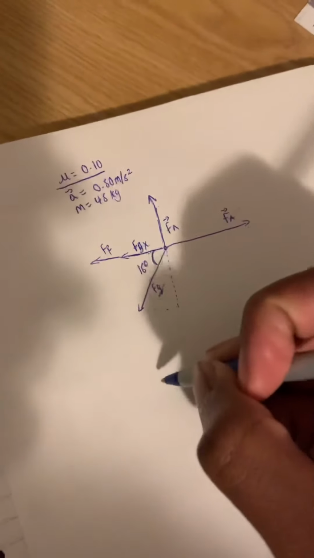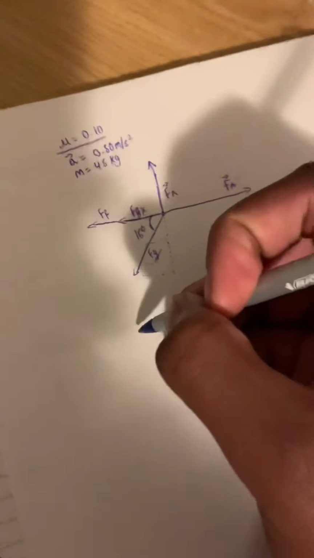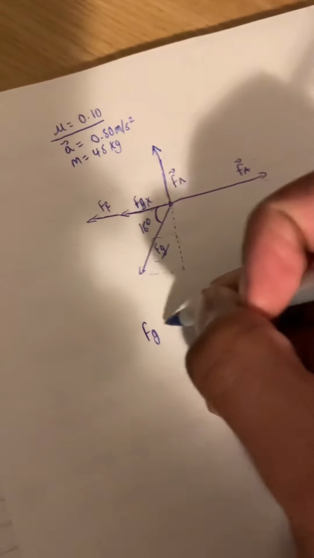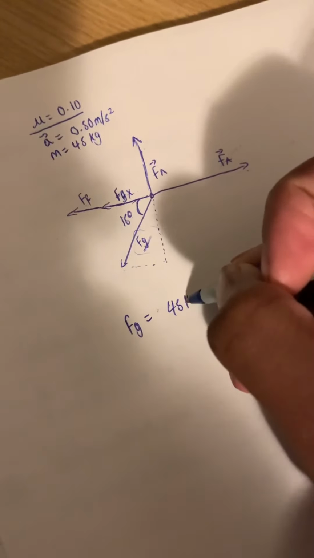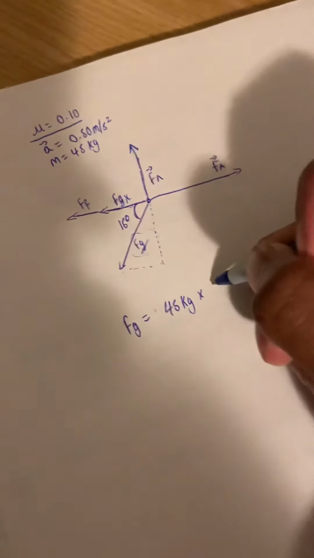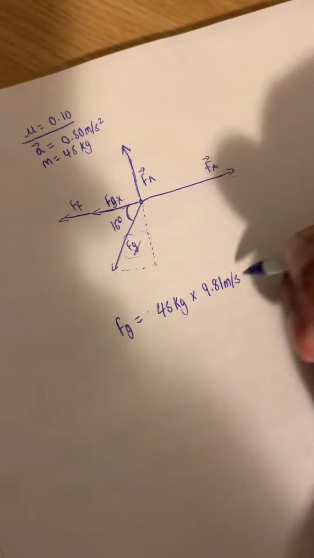So that's going to be our mass times 9.81. The mass is 45 kilograms times 9.81 meters per second squared.